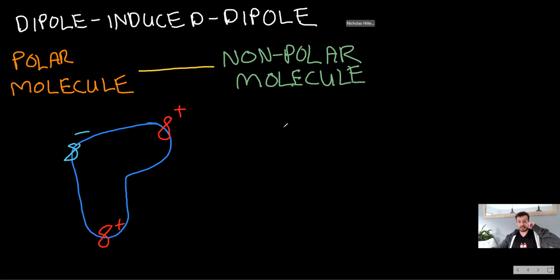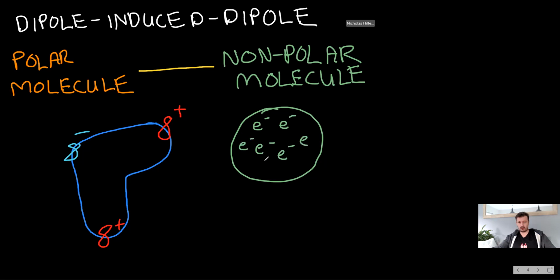Okay, now let's again use the oxygen molecule with our electrons. So these electrons are going to be attracted to the positive side. And so we will have a movement of these electrons.